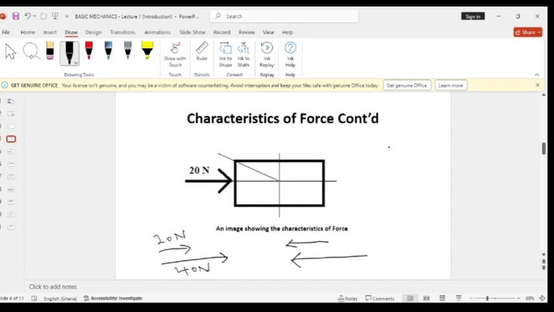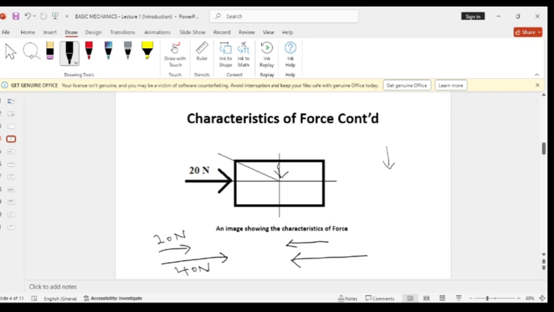Then we have a direction at 90 degrees or 270 degrees.